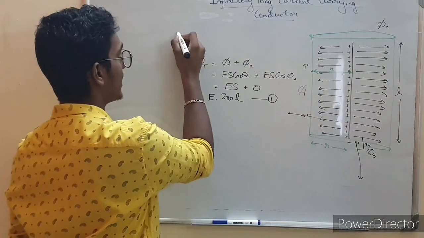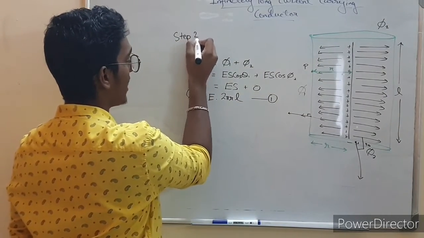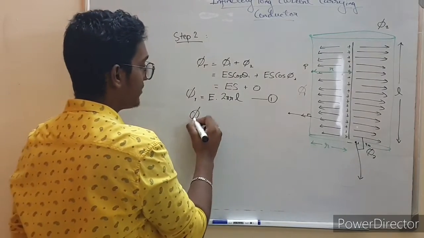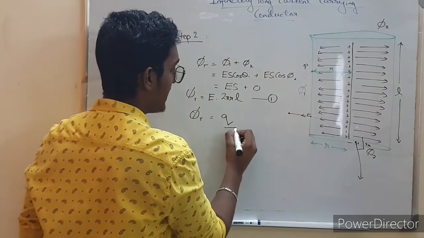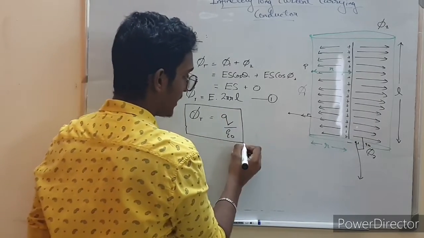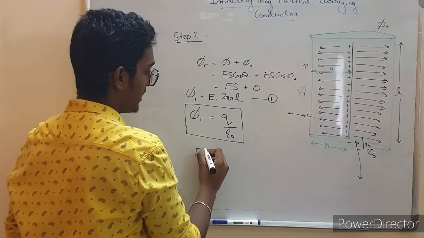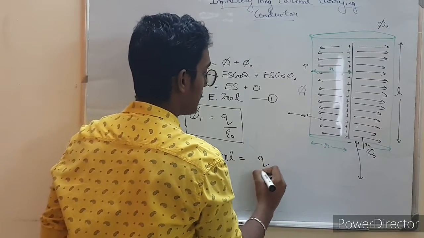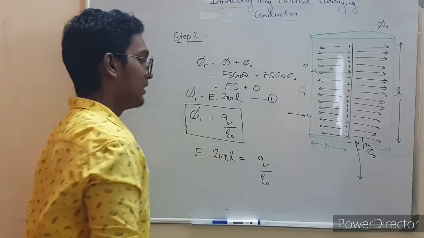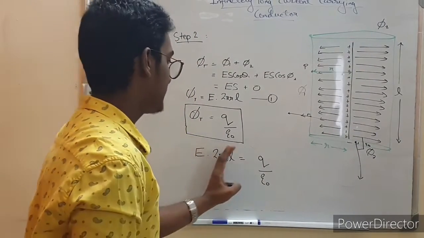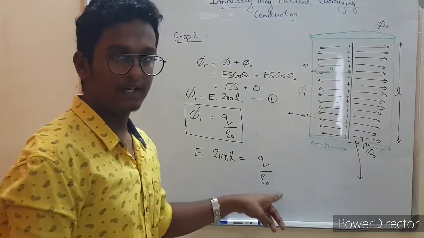So step number 2 we are doing, because step 1 was to draw the surface. So we have to equate phi total to Q by epsilon naught. So from equation 1, E dot 2 pi RL equals Q by epsilon naught. So we need to find E from here, so you can just directly shift all of these to the denominator of the right hand side.